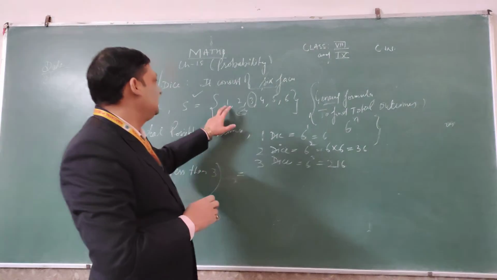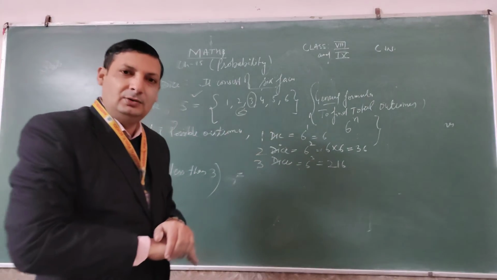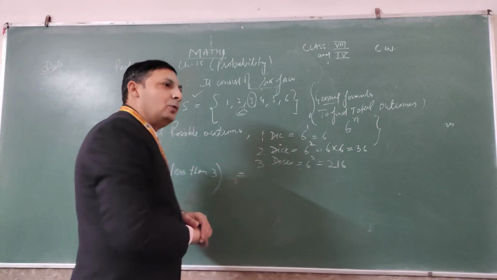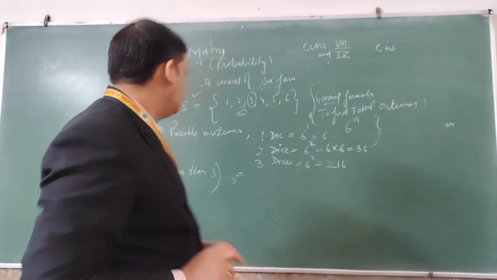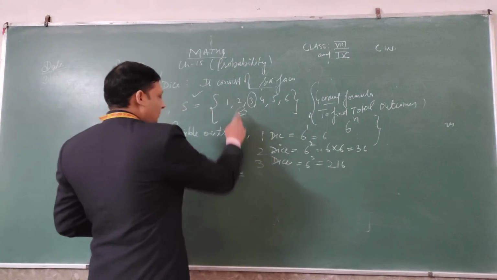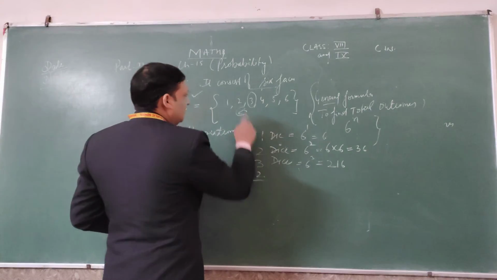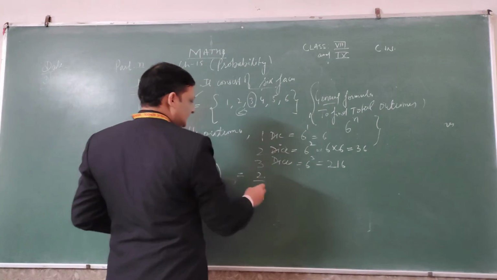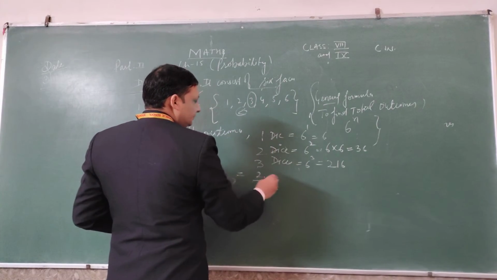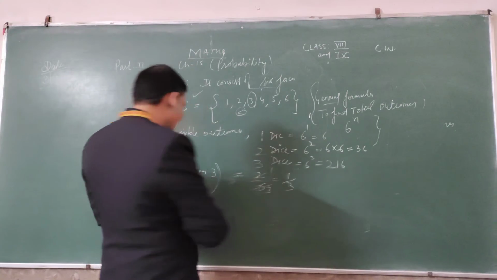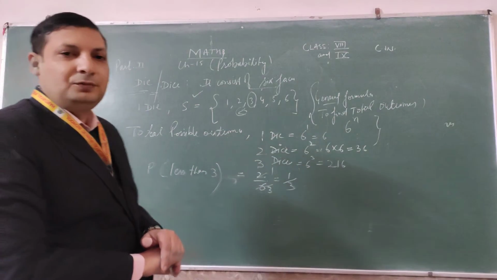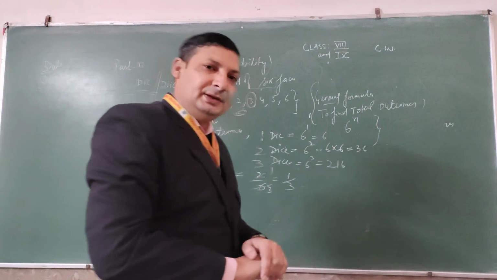How many numbers are less than 3? Only 2 numbers, 1 and 2. What is the probability formula again? Number of favorable outcomes upon total outcomes. So the number of favorable outcomes will be 2 and the possible outcomes will be 1, 2, 3, 4, 5, 6. So 2 by 6, which is 1 by 3. 1 by 3 is the probability of a number less than 3.